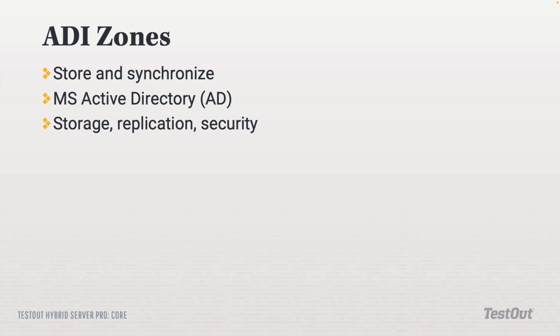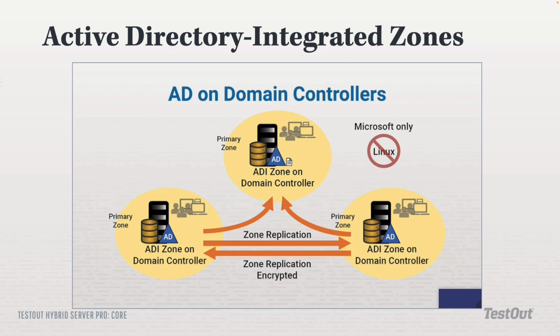So AD-integrated zones, again, the big thing we're looking at here is inside our organization and tied to Active Directory. What it achieves is storage of those records, obviously, replication. So if we have offices in 5 different states, they probably have replication happening to make sure everybody gets those records, and then security to make sure that information stays secure, so we don't have man-in-the-middle type attacks.